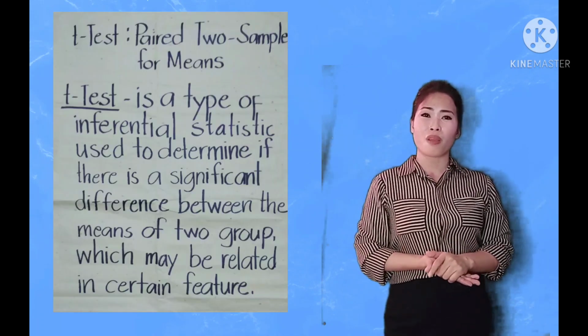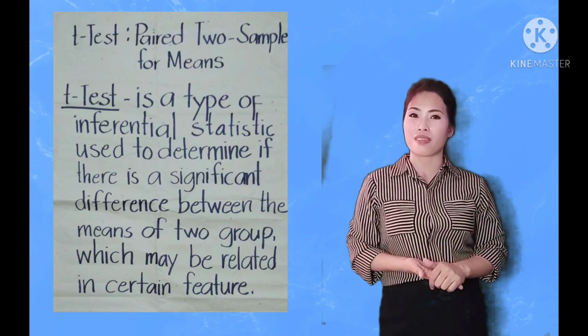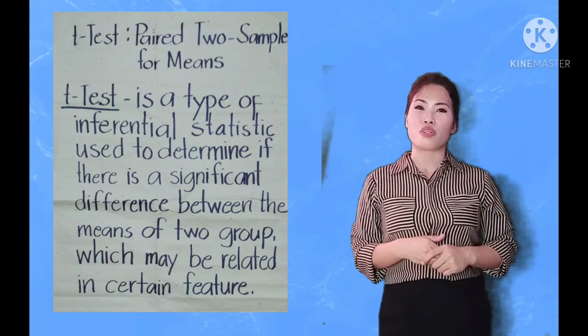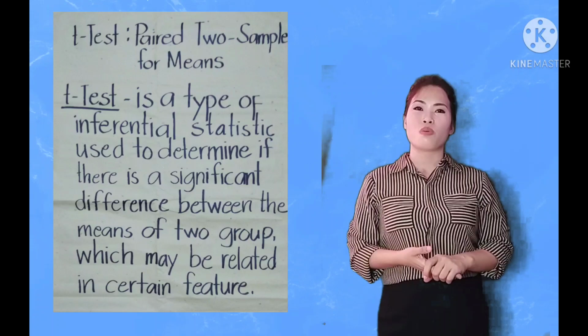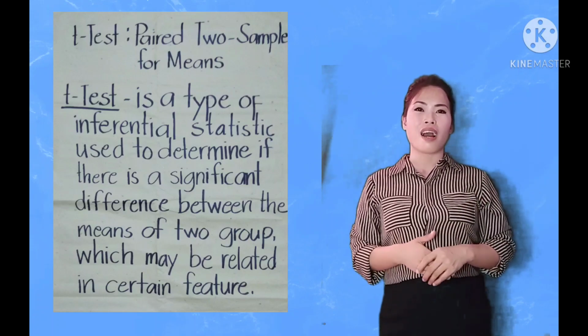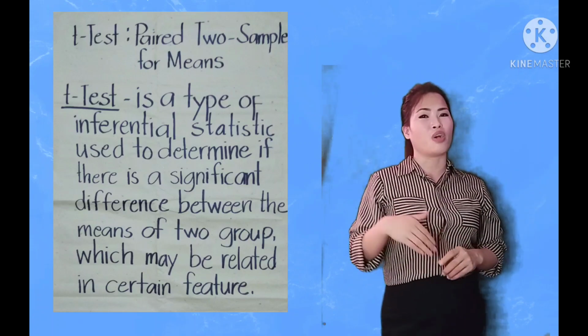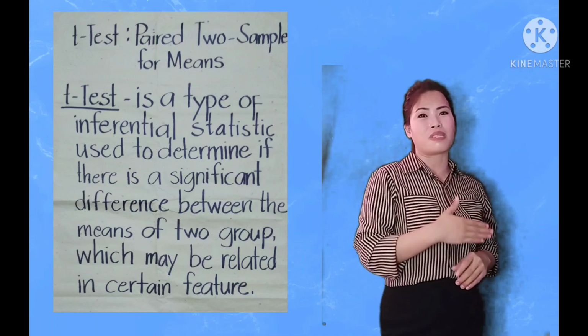Before we go to the computation process, let me first discuss what a t-test is, so that you can have an idea why we need to use this kind of statistical tool in this specific problem.